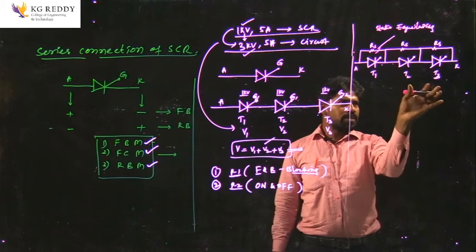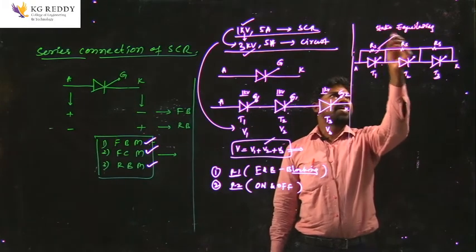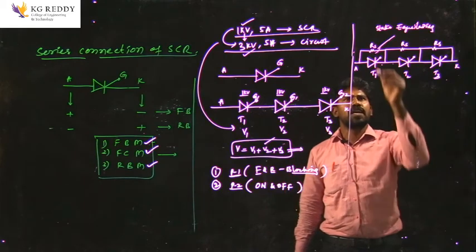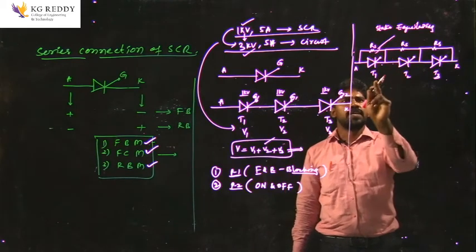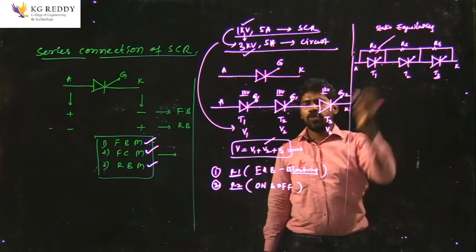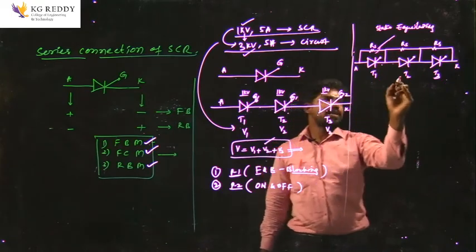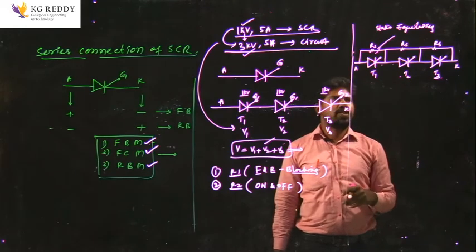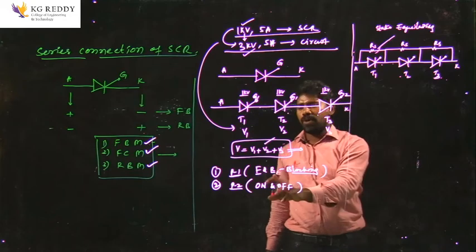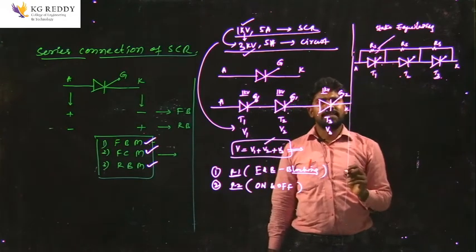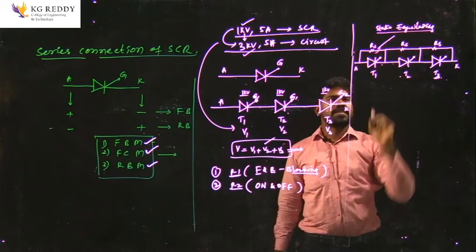To overcome this problem, I am connecting the static equalizing resistance, RS, to each SCR in the series connection. In this way I can overcome the breaking problem, the overloading problem of my circuit. So this is the one problem.